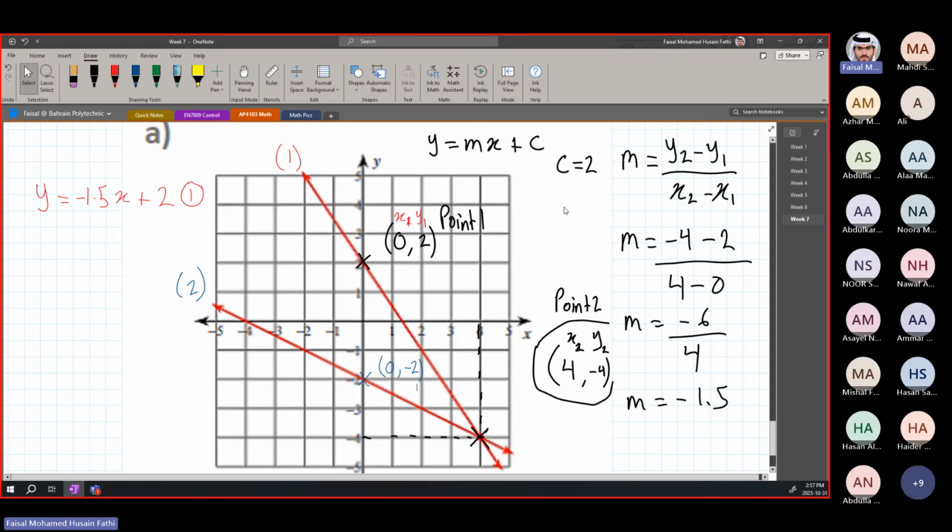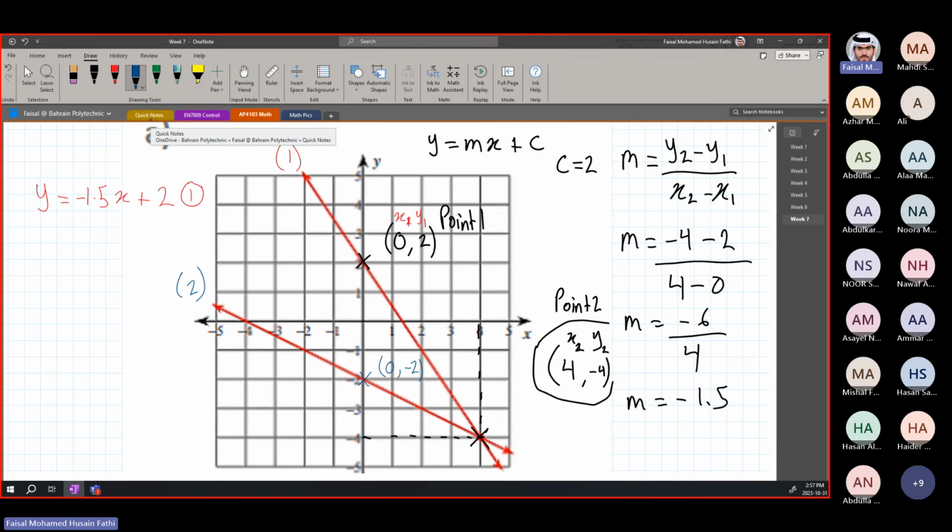Now when we go to equation 2, we found the y-intercept. Now we are working on equation 2. We have to do the same exact steps all over again. This was for equation 1, the one we did before. For equation 2, we find the c, the y equals mx plus c.